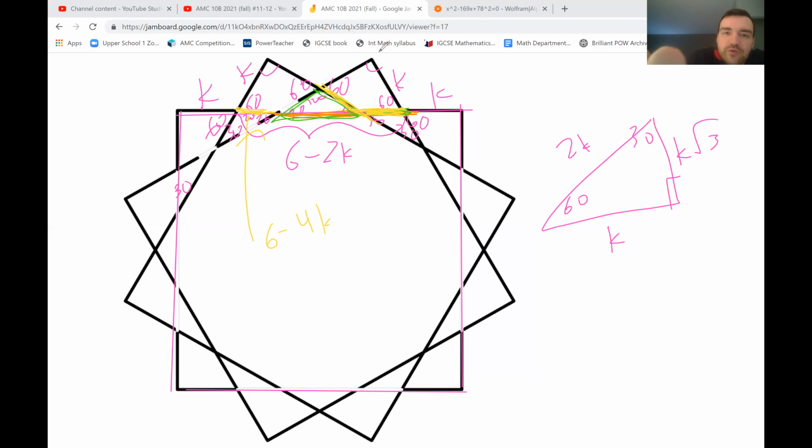Well, there's symmetry here, so this is also 6 minus 4k, right? So this little distance here is 6 minus 4k.